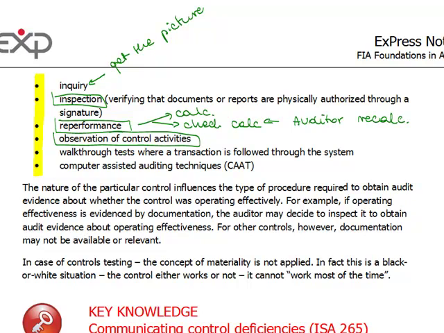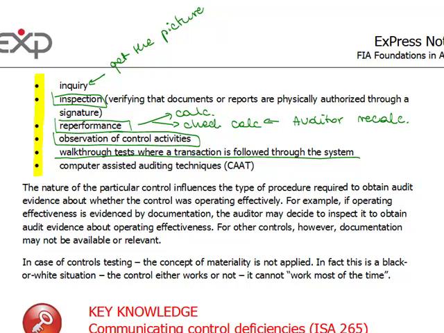You can also perform a very nice exercise of a walkthrough test. So you know what controls there should be by inquiry, and then you take a transaction and you walk it through, let's say from the delivery of goods from the client up to these goods being registered in the inventory records, in the financial statements, and you check whether all the control activities were actually performed on this particular transaction.